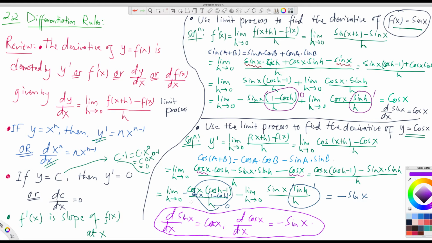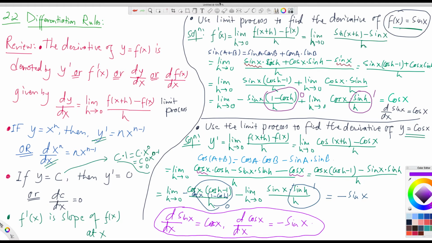A similar method can be used to find the derivative of secant x, tangent x, cosecant x, and cotangent x. Next I want to list all the formulas that we will need to do the problems, that is the direct formulas.